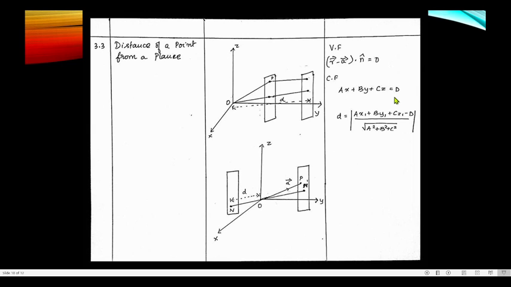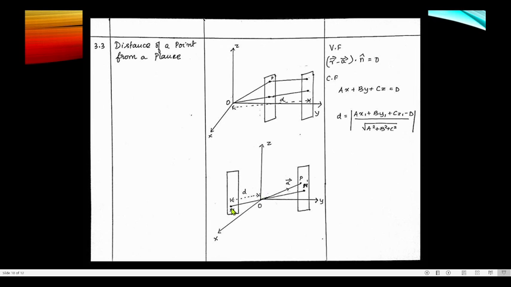So these are the equations, but the formula for distance is equal to modulus of ax1 plus by1 plus cz1 minus d divided by root of a square plus b square plus c square. Here x1, y1 and z1 are the point, and a, b, c are the direction ratios, and d is the constant.